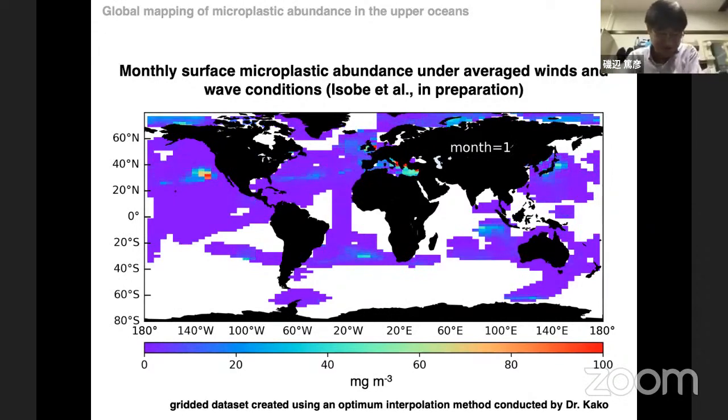We have so many unknown parameters, but the most important and most difficult parameters to determine at the present time are the removal timescale and the fragmentation timescale. The removal timescale should be elucidated by cooperative work among oceanographers, geologists, and researchers with a variety of backgrounds. The fragmentation timescale should be investigated through collaboration between oceanographers and polymer scientists.